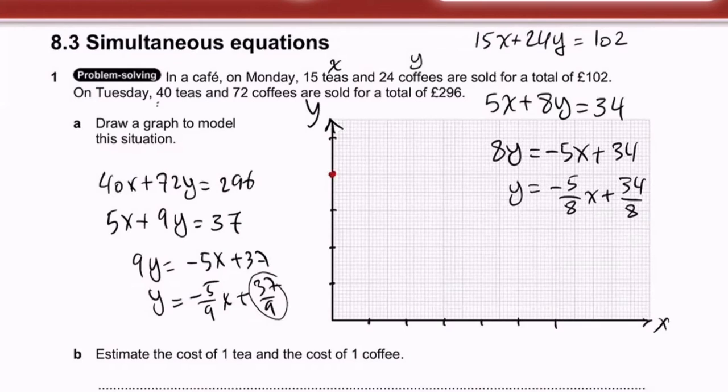Then if you put x equals 1, which is this one, negative 5 over 9 plus 37 over 9 equals 32 over 9, which equals 3.6. So 1 and 3.6 will be here. Okay, so let us draw the first line. This is the first line.